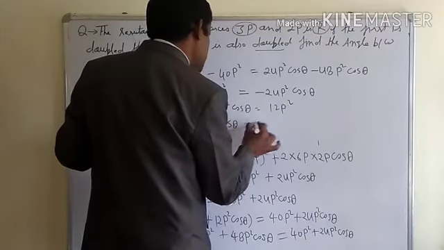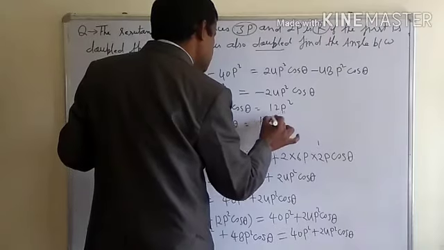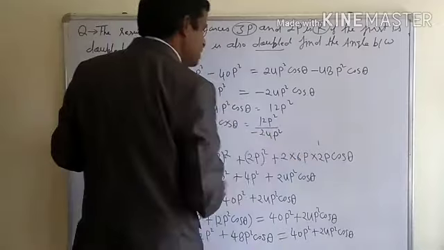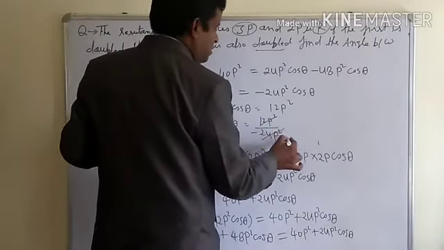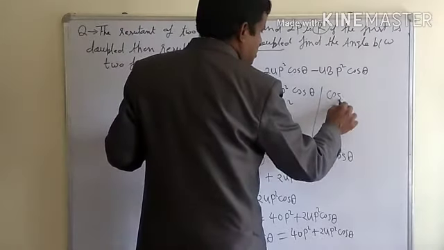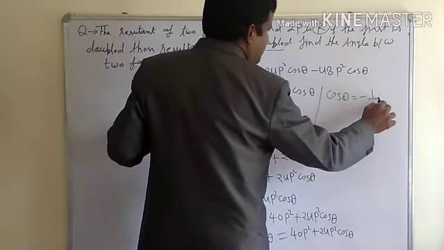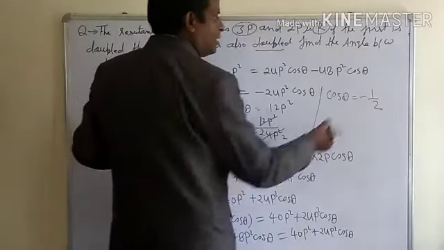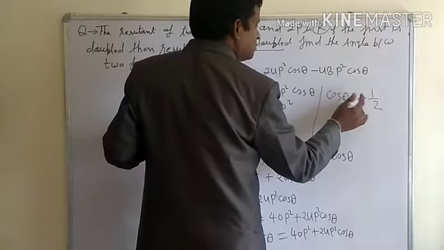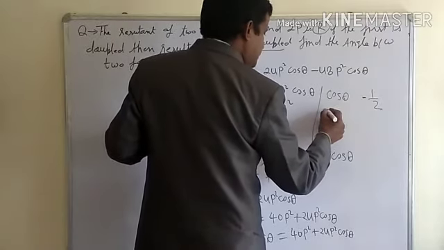So cos theta is equal to 12 p square upon minus 24 p square, which will cancel. It will become minus 1 by 2. So cos theta is equal to minus 1 by 2. How will you solve this?